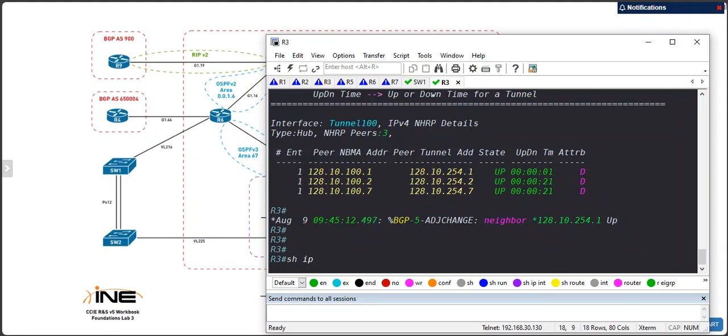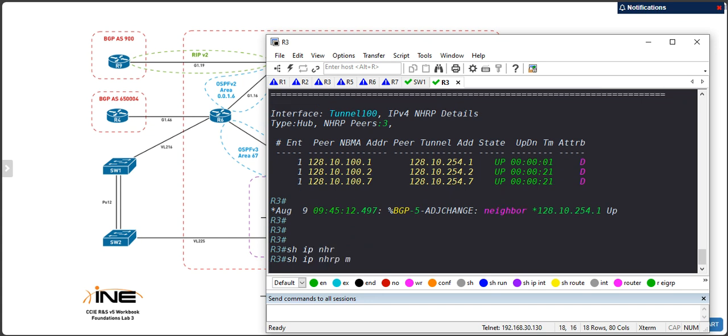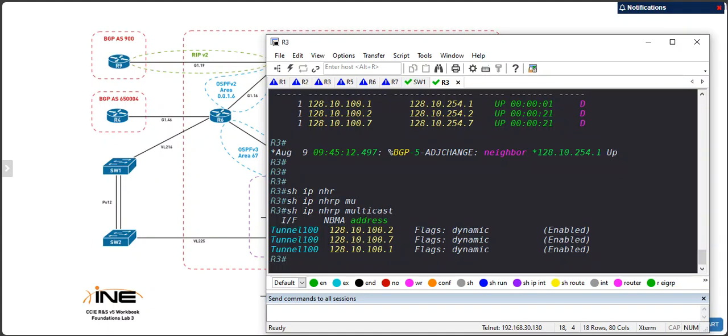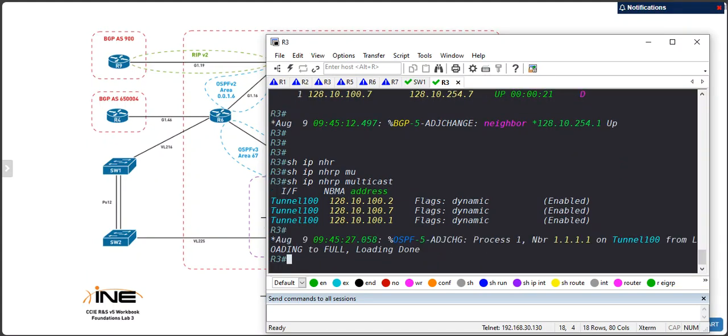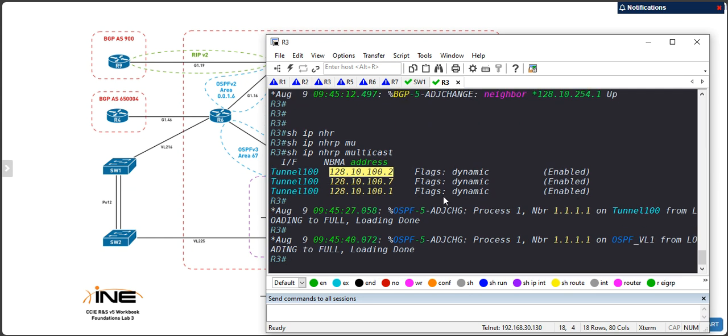Show ip nhrp multicast. This is our tunnel or spoke NBMA addresses. These are dynamically enabled. This is our hub, this is our spoke 1, 7 and so on.